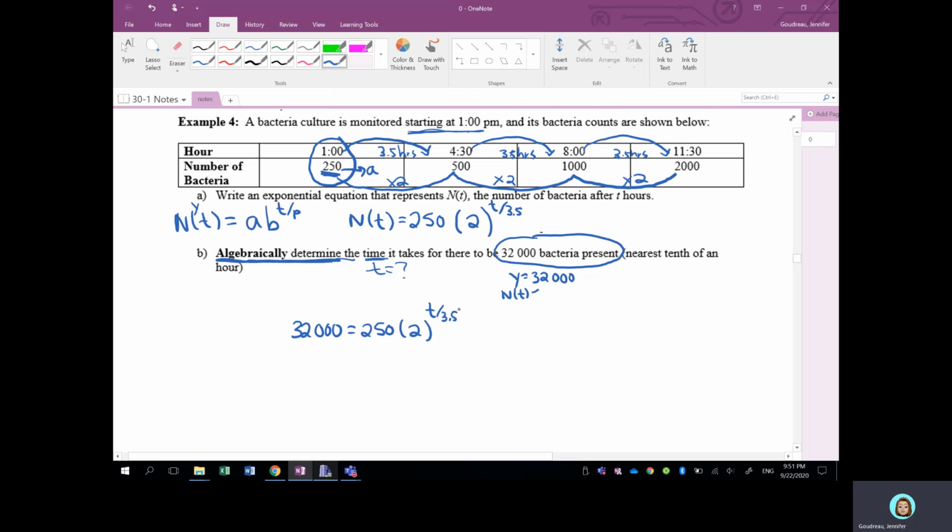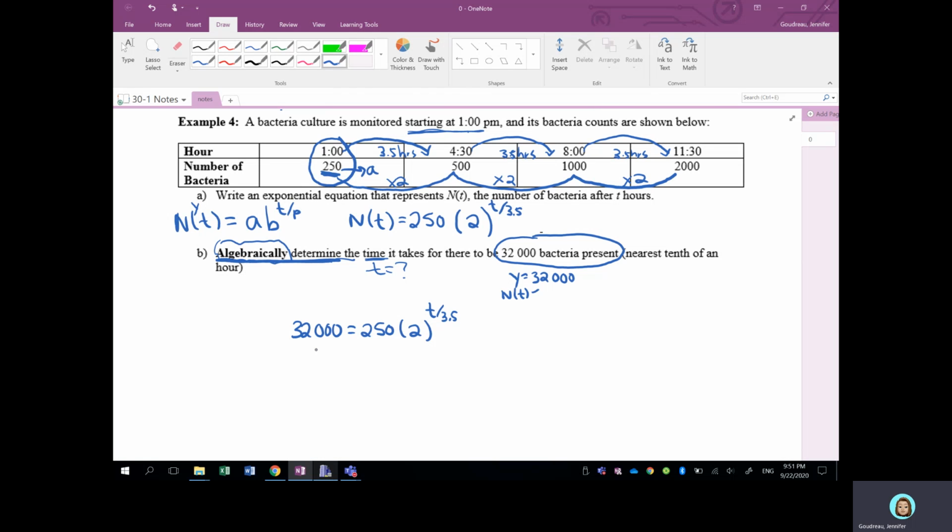We want to solve for t, which is in the exponent. And we want to do it algebraically. So I can't go ahead and put the function into y1 and this number into y2 and find the intersection point. That's solving graphically. We want to solve algebraically.